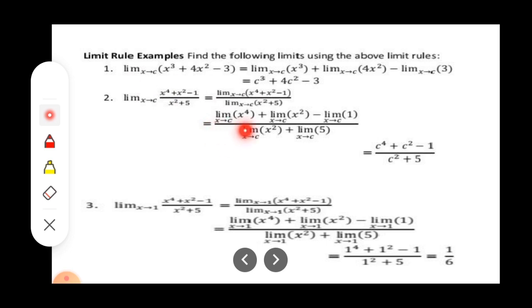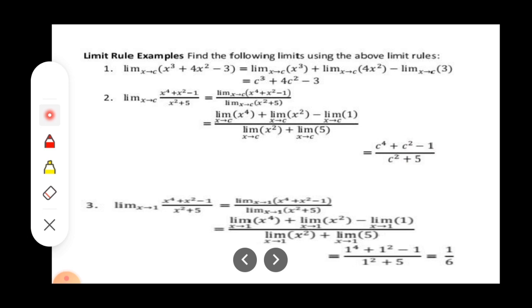So, that equals c to the fourth plus c squared minus 1 over c squared plus 5.